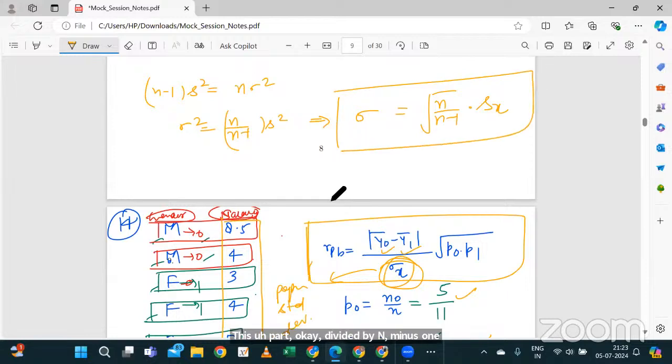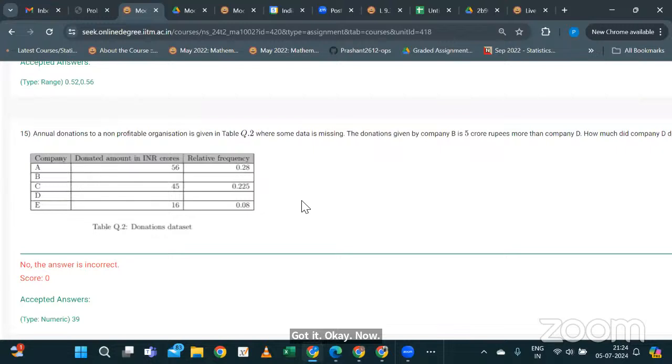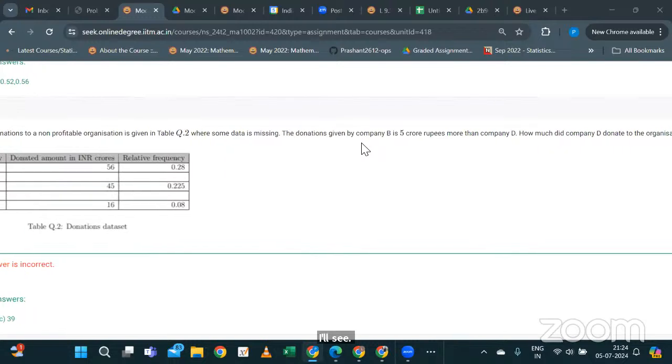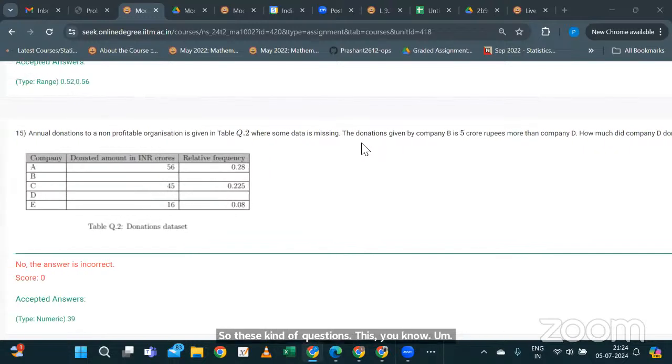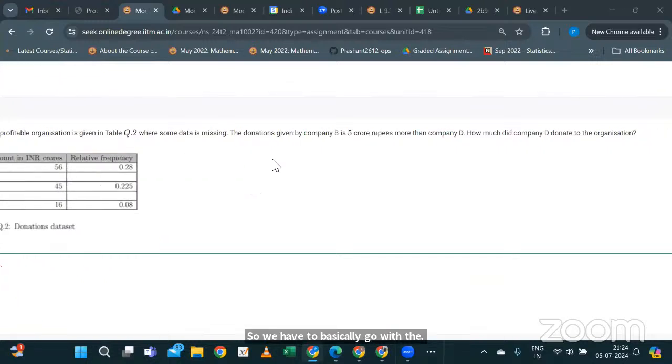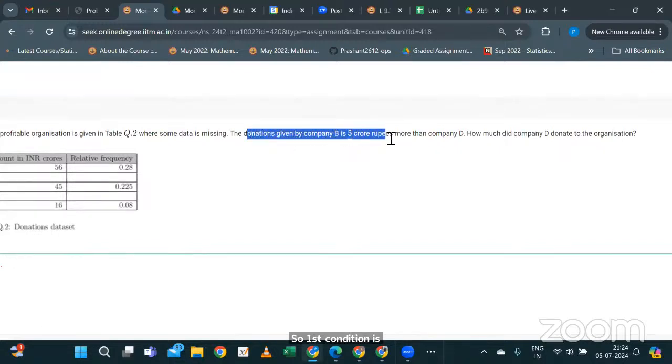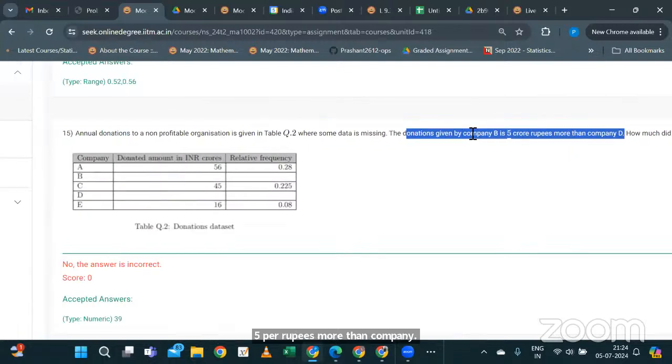Now the next question. These kind of questions, on relative frequency and all, you can consider important. The question is: some annual donations of a non-profit organization are given, and some data are missing, so we go with the conditions given. The first condition is that the donation by company B is 5 crore rupees more than company D. For D it is missing and for B it is also missing.